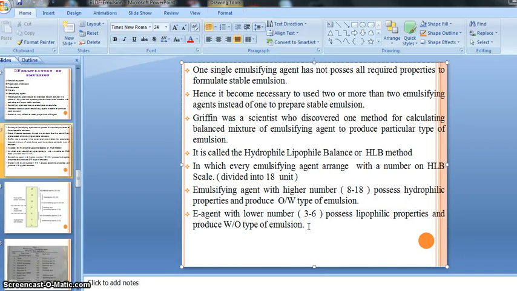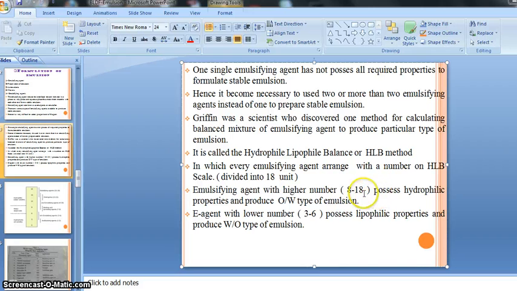Suppose we are going to prepare a WO kind of emulsion, that time we select the emulsifying agents arranged between 3 and 6. Whereas if we are going to prepare an OW type of emulsion, for the selection of a good emulsifying agent, we go through 8 to 18.